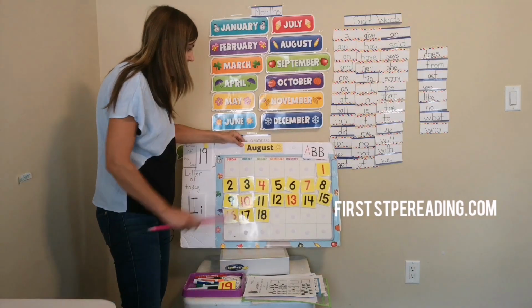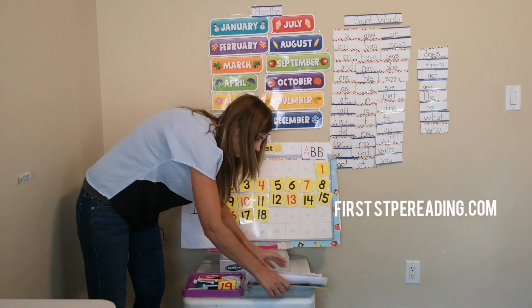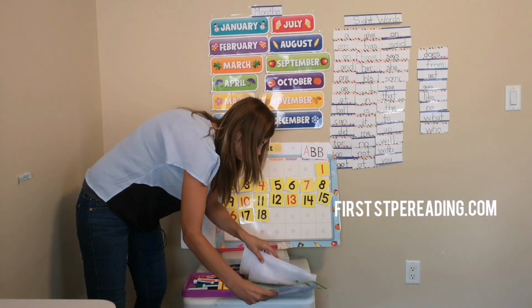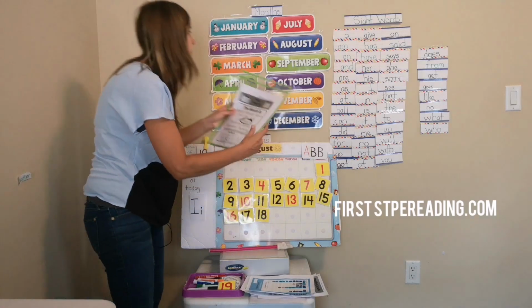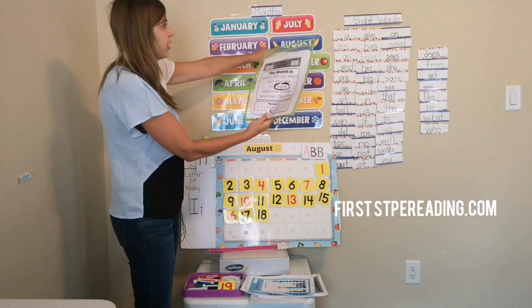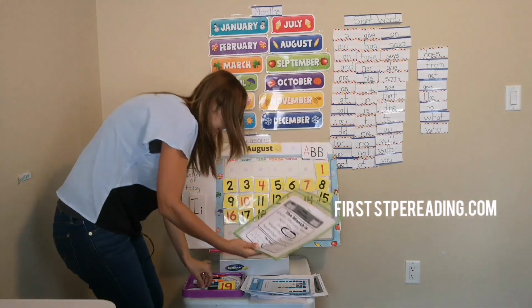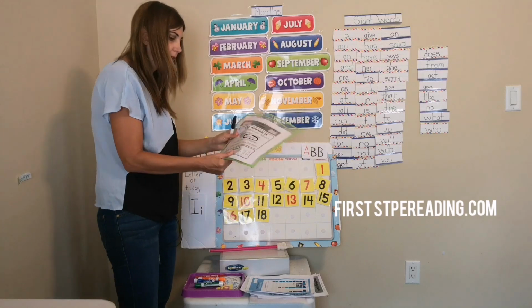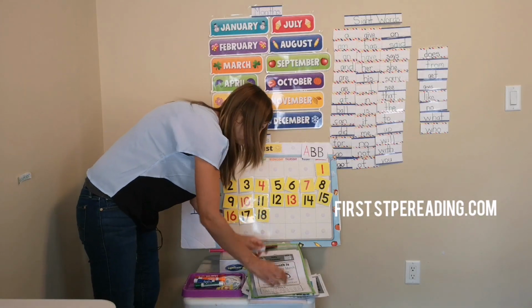Today we're talking about August. So if you have your calendar, you can circle August. August comes after July and before September. And we need to figure out what day comes after 18.